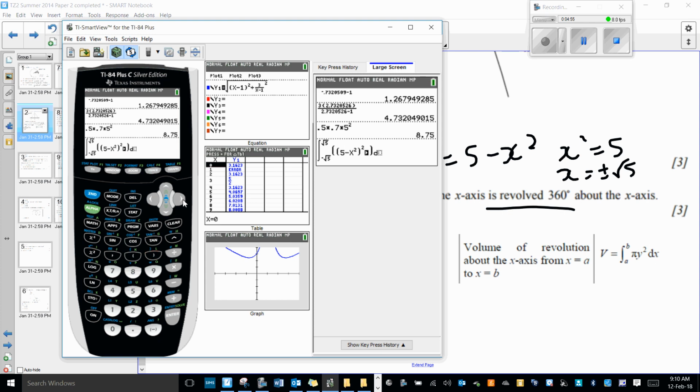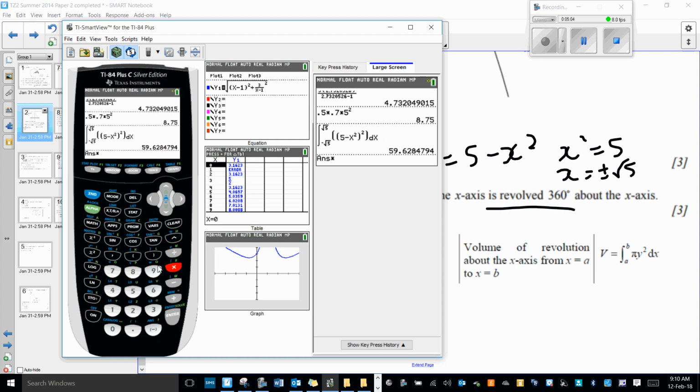So that's just going to be the integral, then we're going to have to multiply this by pi.